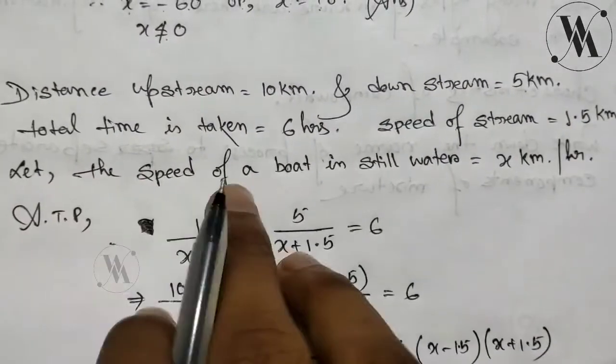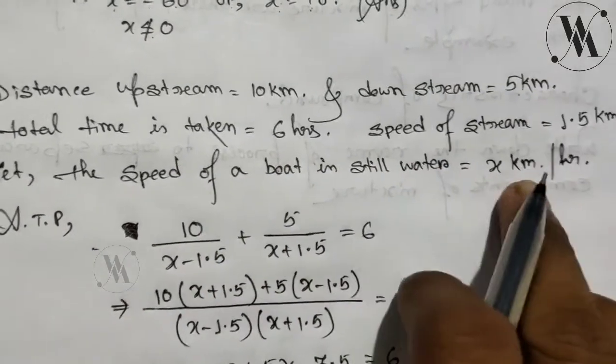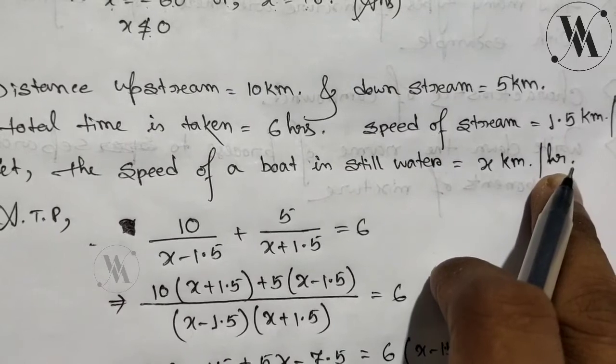So let the speed of the boat in still water equal x kilometer per hour.